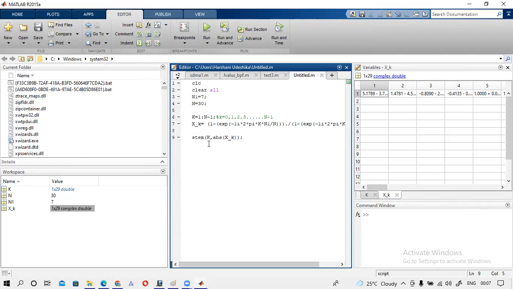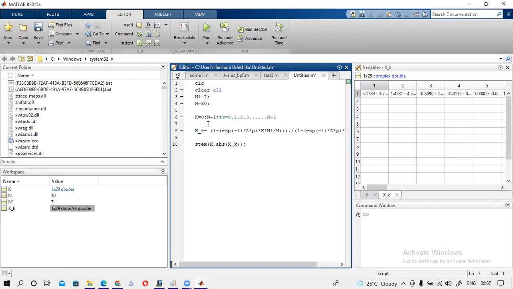So you can use 0 here, and you can put a conditional statement: if k is equal to 0, xk equals N1, else this one.